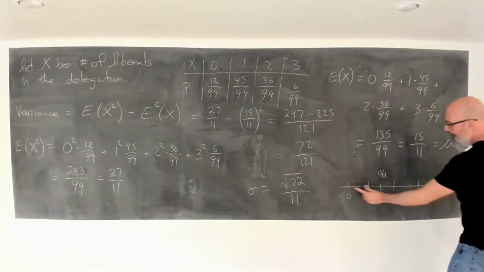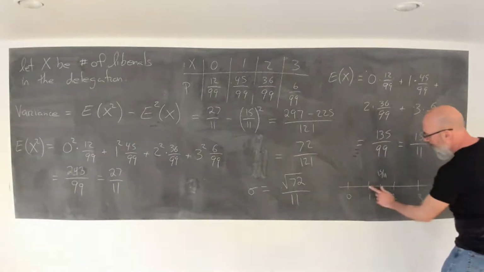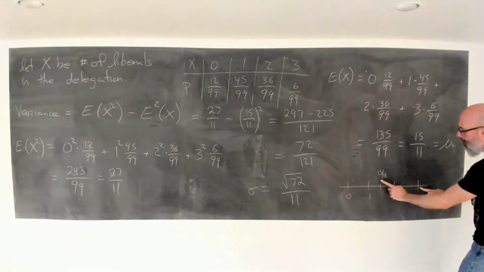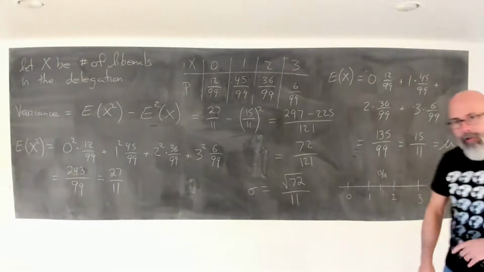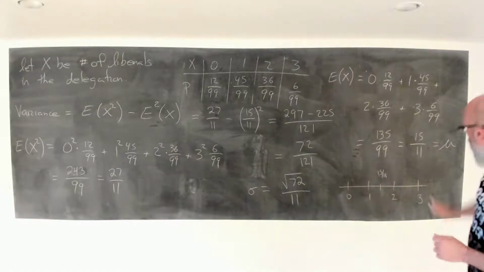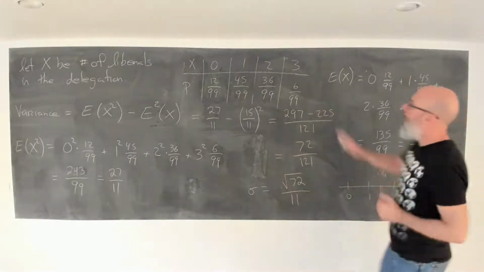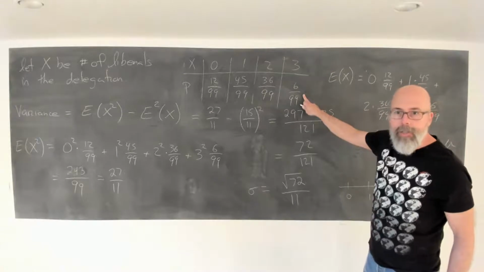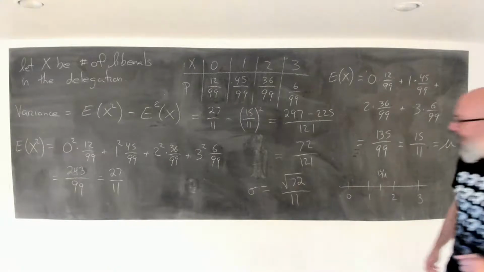So the question is, how likely is the function able to take on values very far from this? That's what the variance measures. How likely is it that you're going to take 3 on? And we have our probability distribution in front of us. Unlikely is the answer. And this is reflected in the variance itself, right?